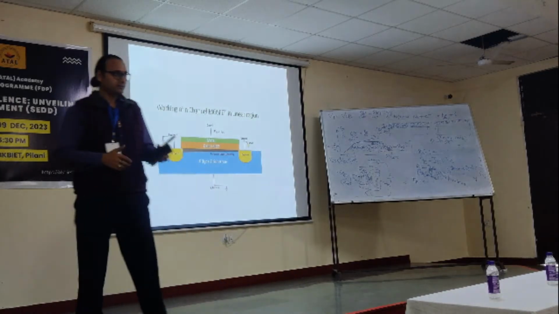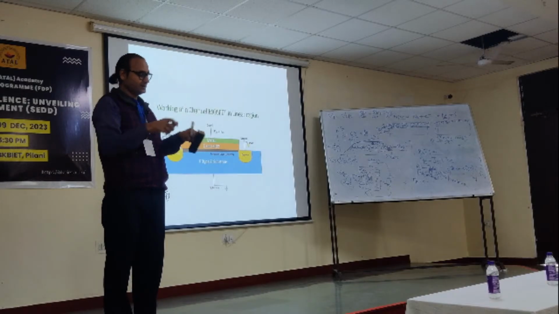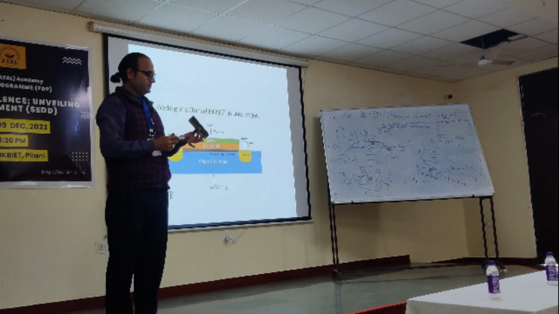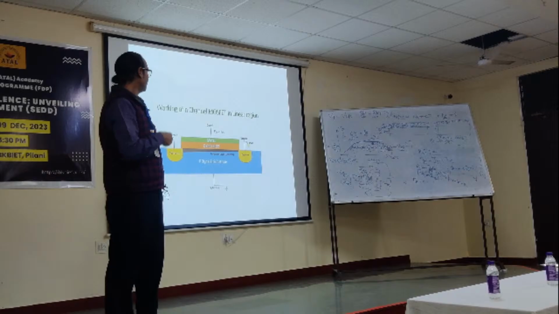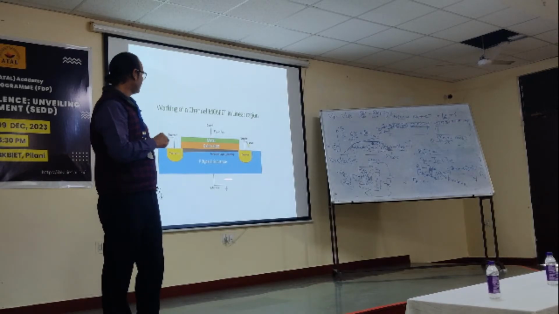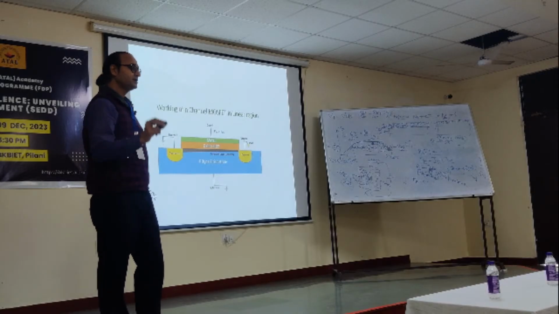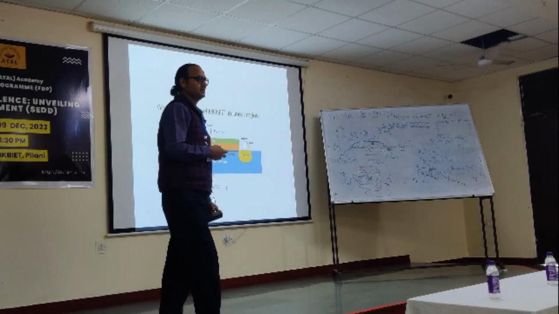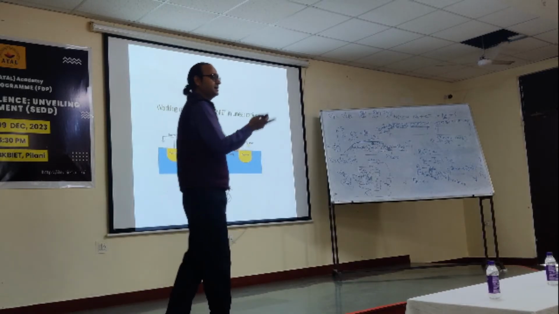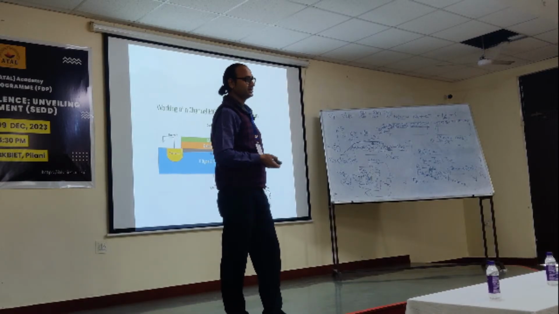Everything is about fabrication, but there are area requirements. There are multiple layers in the MOSFET, like the substrate, SiO2 layer, then metal layers, and then channel. If you see the overall structure of a BJT and a MOSFET, area requirement is much larger in BJT, because as I said, we need a separate well for base and collector.